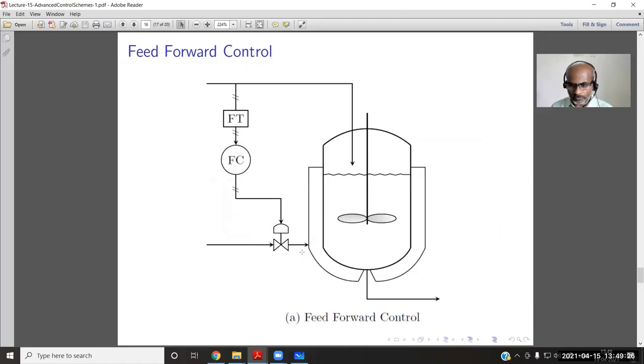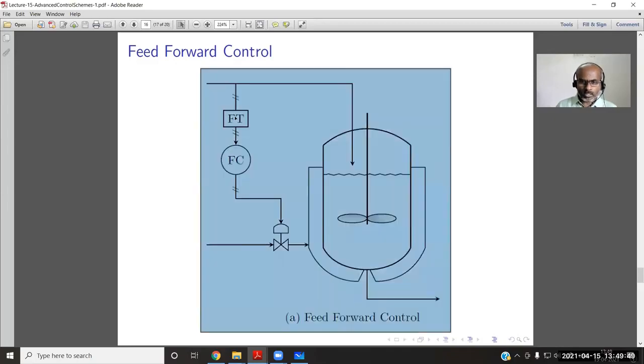So let us see feed forward implemented for controlling the reactor temperature. To control the reactor temperature, you can measure the flow to the reactor and accordingly adjust the coolant temperature. Otherwise, we don't take the measurement of the reactor temperature.